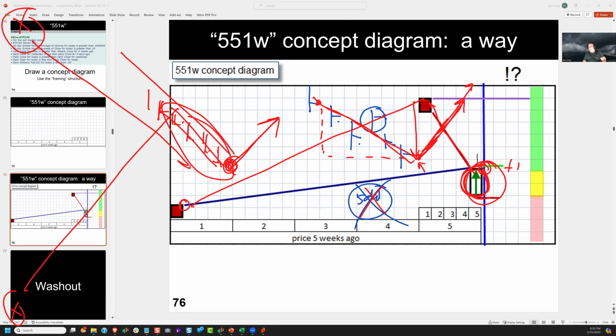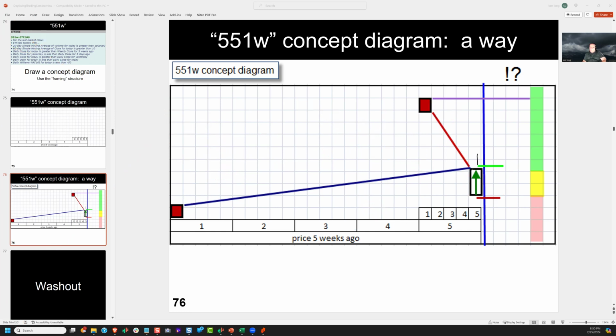The way we execute that is we set up the trade frame to buy 5 cents above yesterday's high with a stop 5 cents below the low.